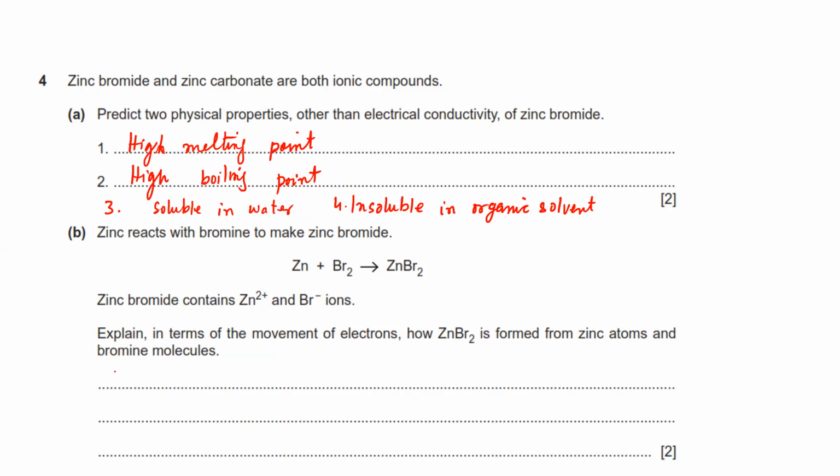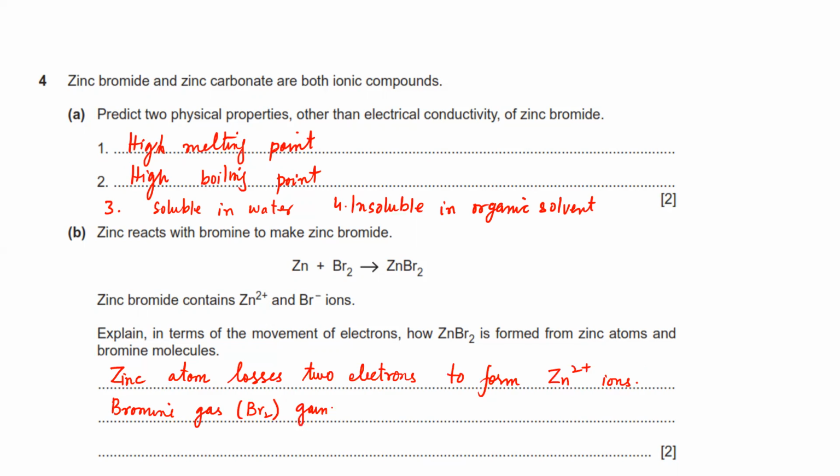So just simply, a zinc atom loses 2 electrons to form Zn2 plus ions, and bromine gas, that is Br2, gains 2 electrons to form 2 Br negative ions.